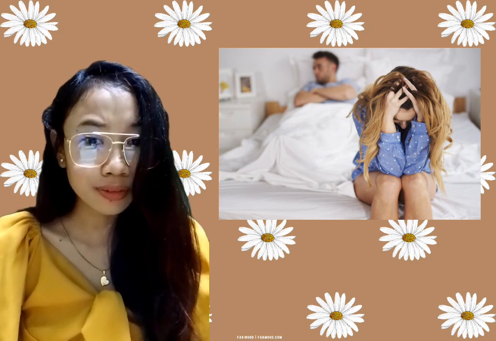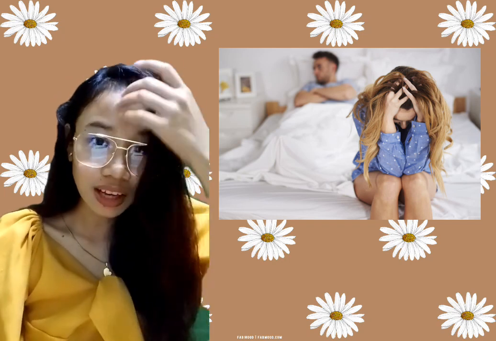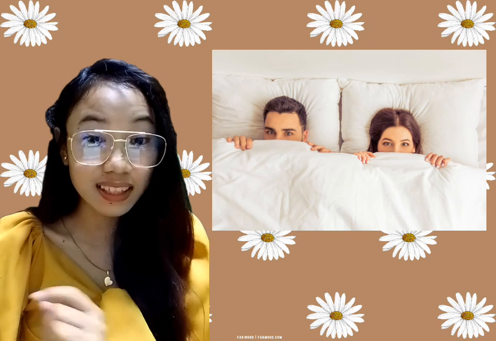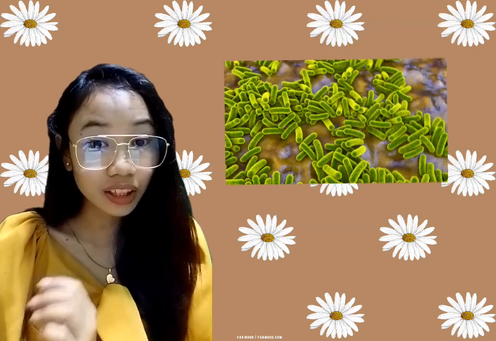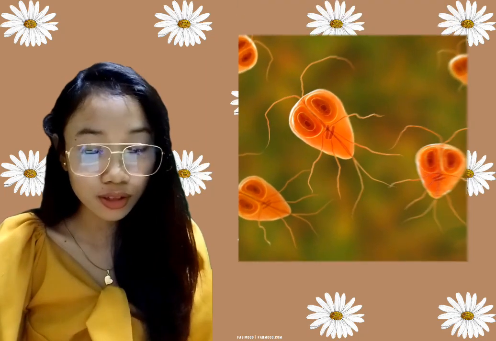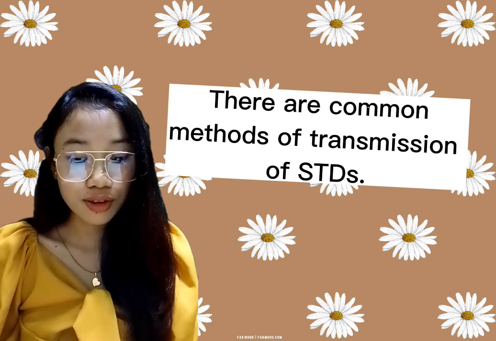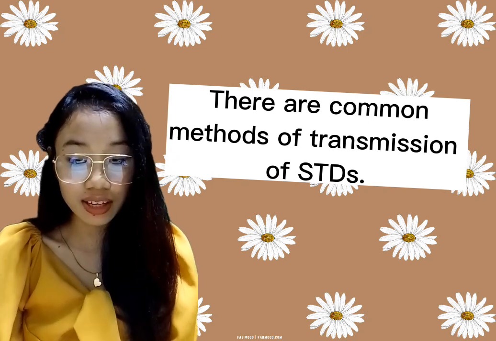So, kung usa ka person na na-infected sa aning STDs, ang usa, wala sad na-infected. So, during their sexual intercourse, naay possibility no nga matakdan sad siya. Bacteria, viruses, and parasites can cause STDs.